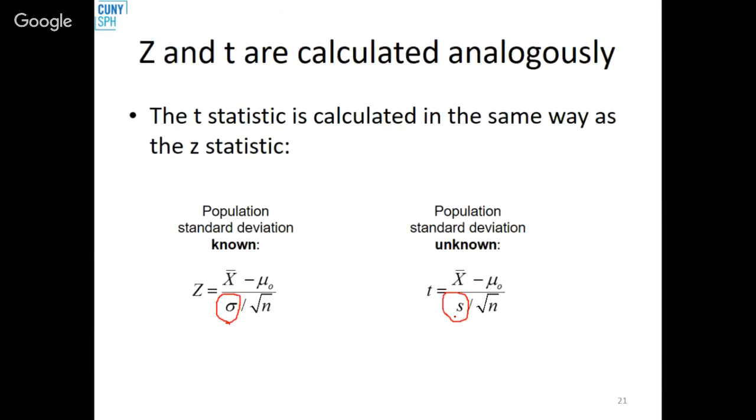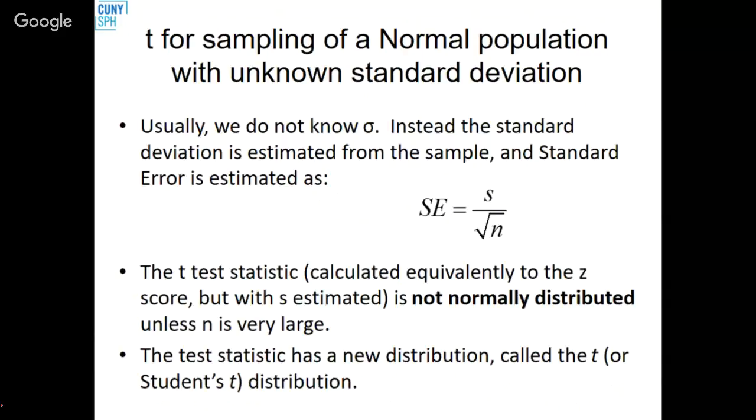So we're estimating not only the mean, but the standard deviation using this sample of ours. And that's a pretty common case. Usually we don't know the population standard deviation, and instead we have to estimate it from the sample.